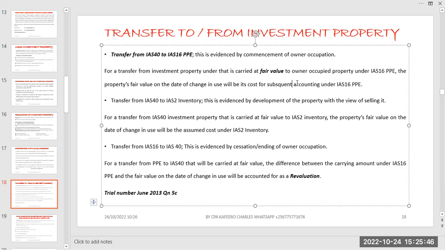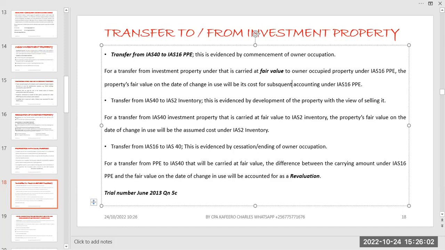Meaning, by the time you will be reporting that asset, it will be using its fair value at the date of change. That will be the amount you'll be using.